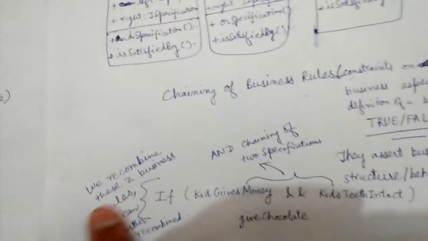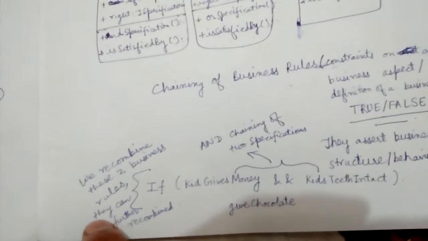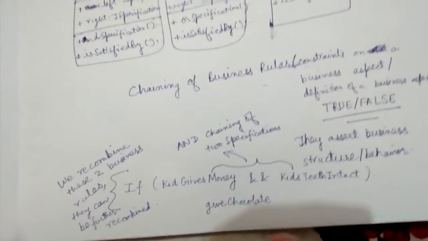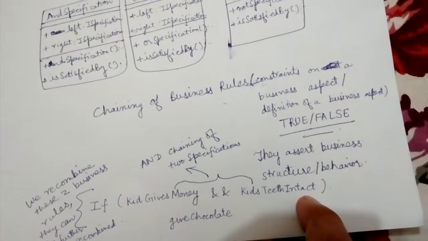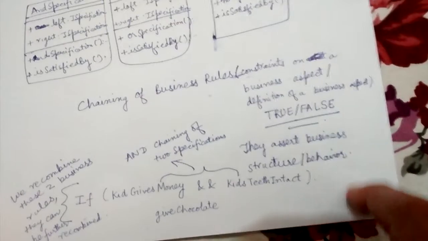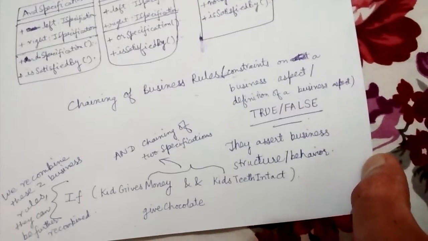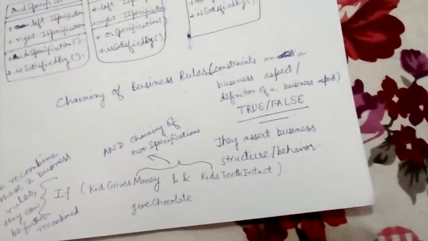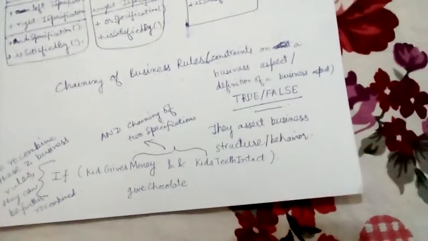So we have basically recombined two business rules, and we may further recombine them. Let's say if the kid gives me money and the kid's teeth are intact, we get a business rule. We may write or mother allows, so then I give him chocolate. So and, or, not, I can combine as many times as I want.